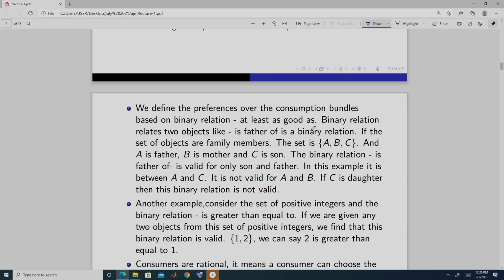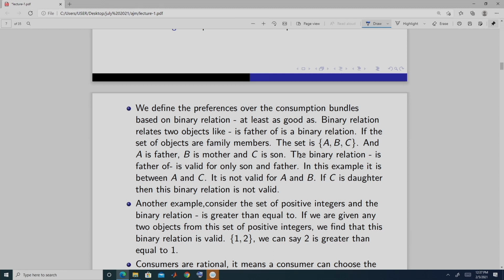Then if we try to relate based on this binary relation, it is only valid if we take A and C, because A is a father and C is the son. So A is the father of C. But if we take AB, then it is not valid. If we take BC, then it is also not valid. If we take CA, then it is also not valid. So a binary relation is a way to relate objects.